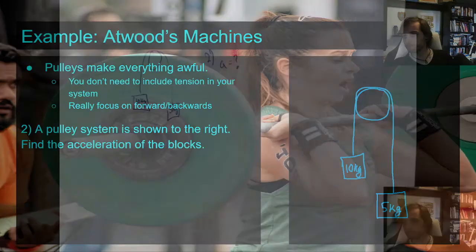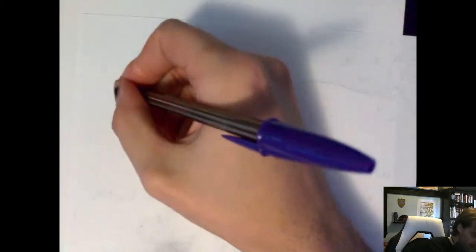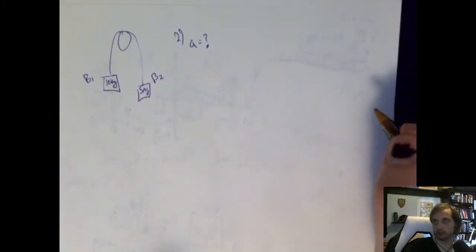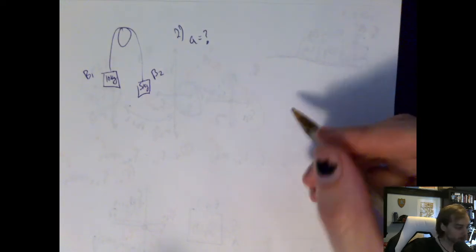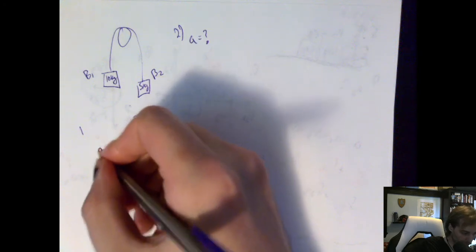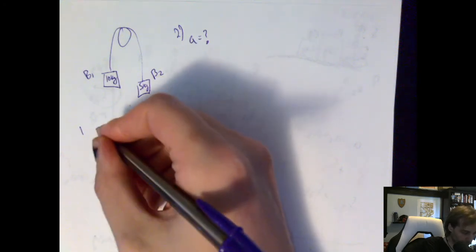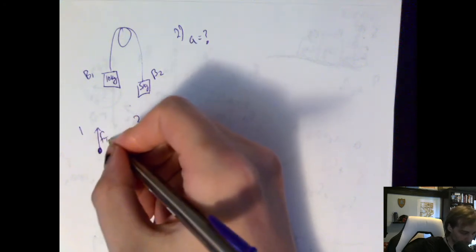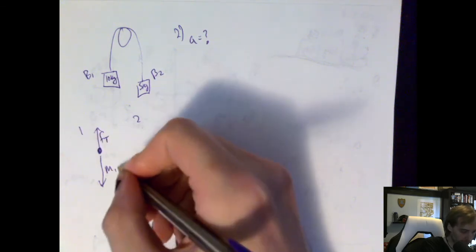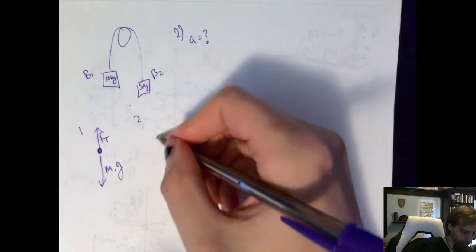Okay, so I'm going to go ahead and label this block 1. I'm going to label this block 2, just so I've got something to work with and keep it a little more neat. So doing a free body diagram separately for each of them, we've got block 1, which is getting pulled up by the force of tension, and getting pulled down by M1G.